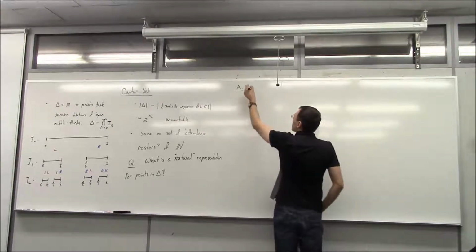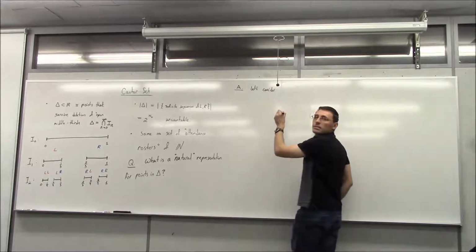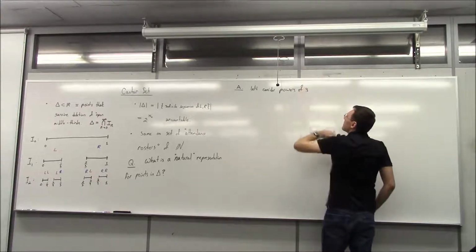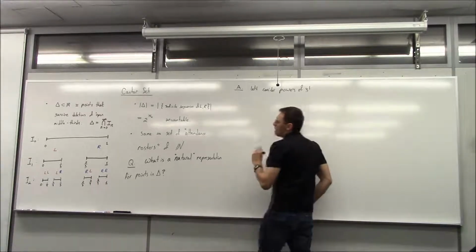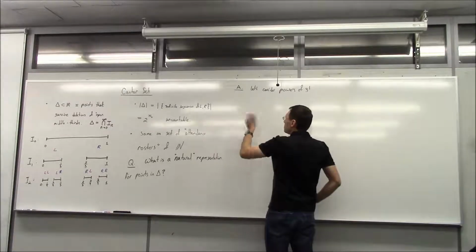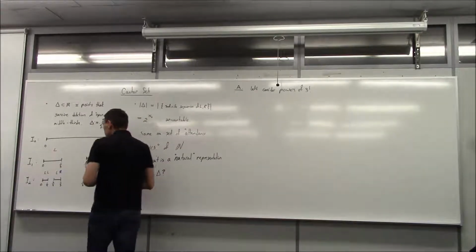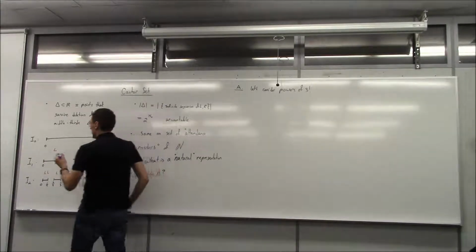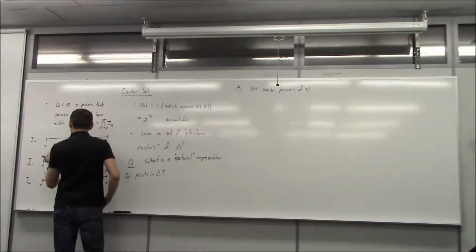So what we can do is try to represent it in terms of powers of 3. Let's consider powers of 3. If I look at the points in I1, I can represent this number as 0.0, and that's of course in base 3.